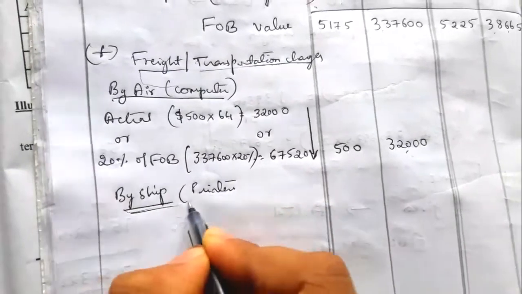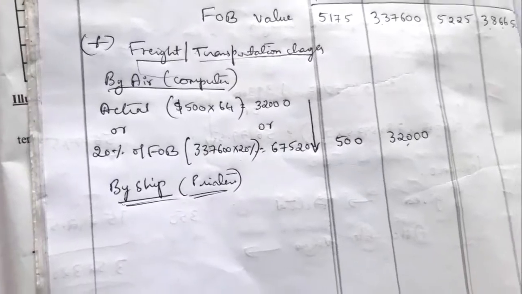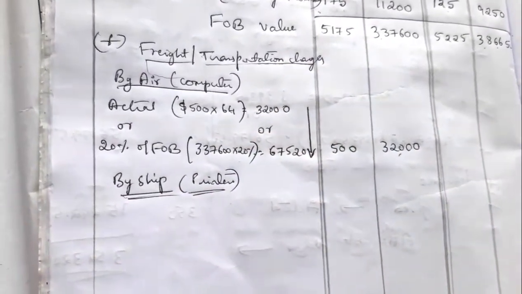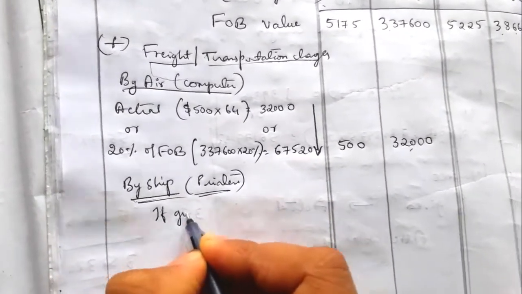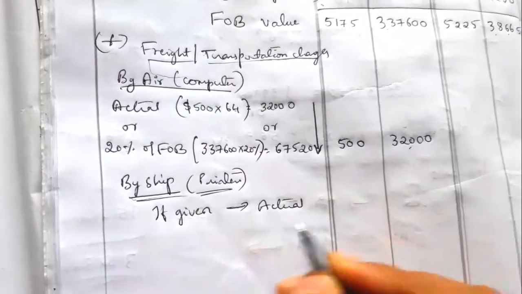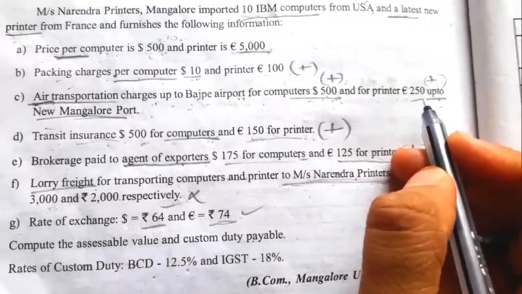So in the case of printer, what is the rule in the case of import by ship? If given, we have to take the actual value as it is. They have given the value, that is euro 250.